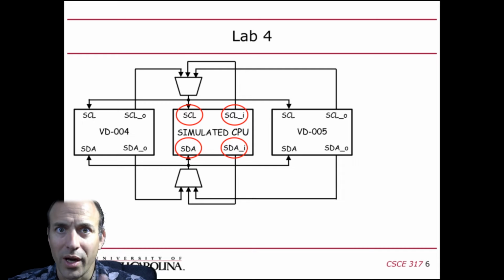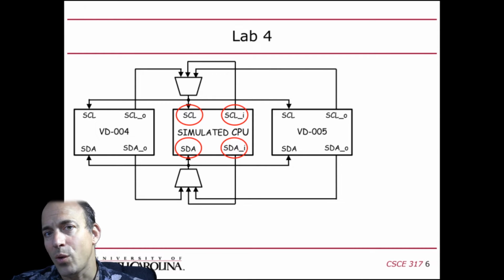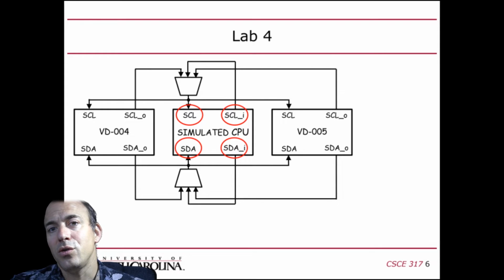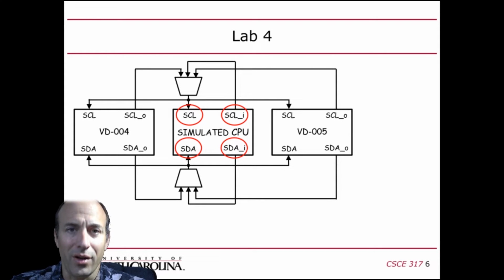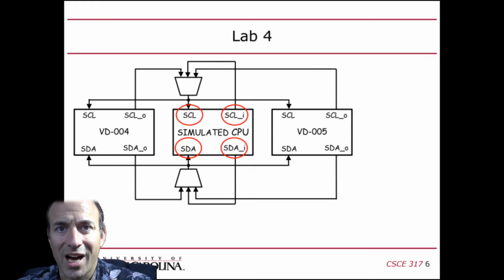Of course, only one can write at one time. You can't double drive a wire, but whenever you have a module that is connected to a wire that is being driven by another module, you can write a Z value to that wire. In other words, the idea is that you have tri-state output values.